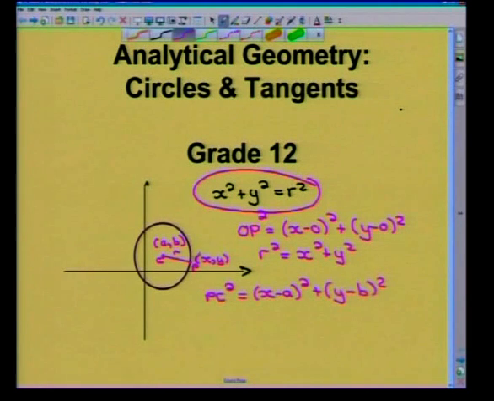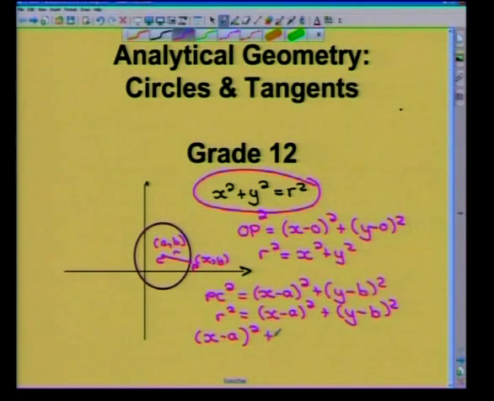Now, PC is the radius, so it would be radius squared equals (x minus a) all squared added to (y minus b) all squared. Making it look a little bit more user-friendly, we could say (x minus a) all squared plus (y minus b) all squared equals r squared.